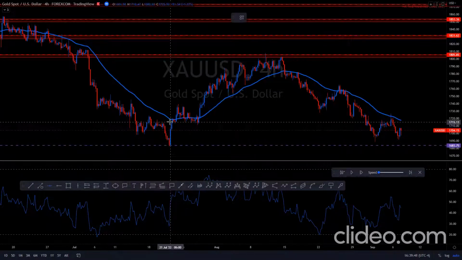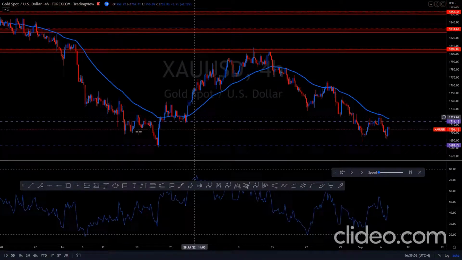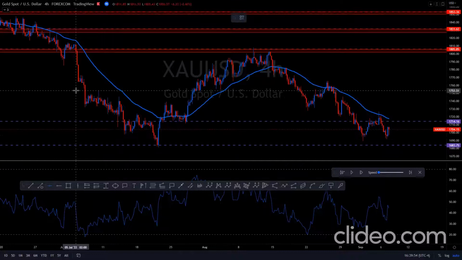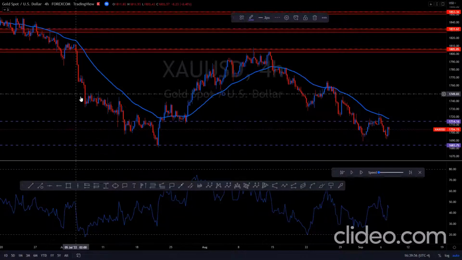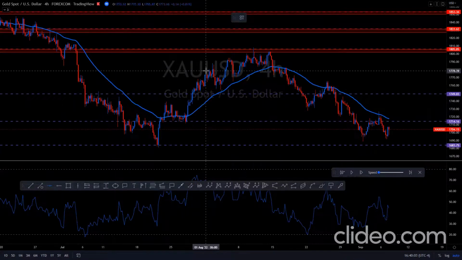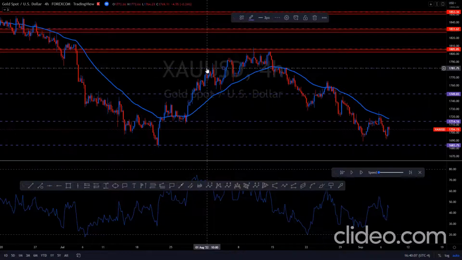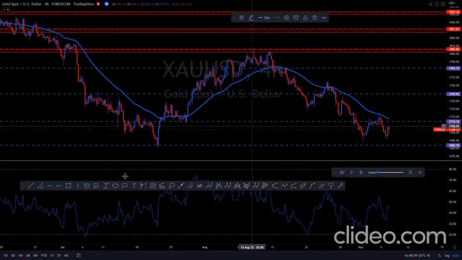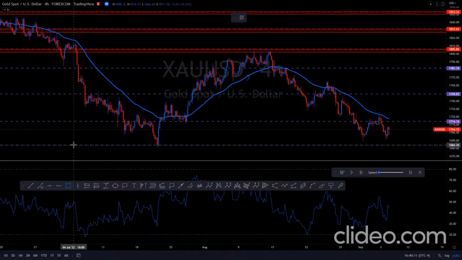And then we see there's another demand zone here, so we're going to put that here. There was a base supply zone here. And then we have another supply zone up here. So now we're going to draw our zones.